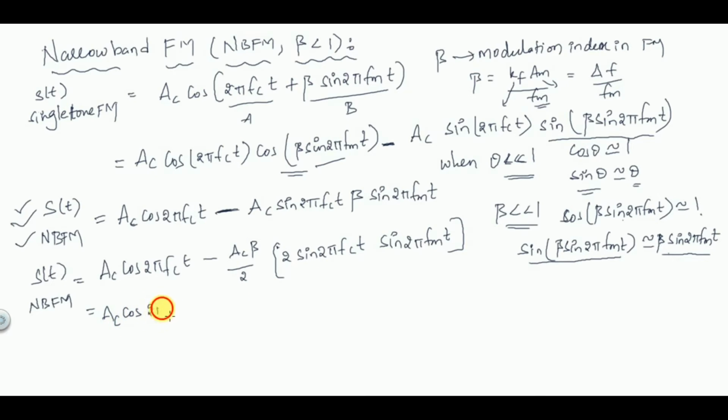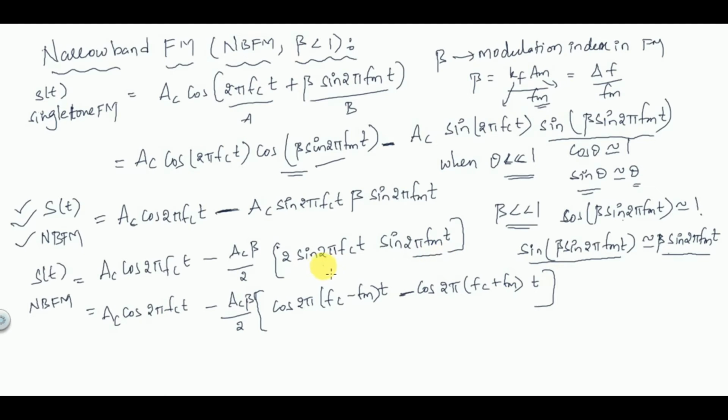So Ac cos of 2 pi fct minus Ac beta by 2 into, now tell me, cos of a minus b first, so cos 2 pi into fc minus fm into t, cos of a minus b, minus cos of a plus b, cos 2 pi into fc plus fm into t. Okay, so this is a and this is b, cos of a minus b first minus cos of a plus b.